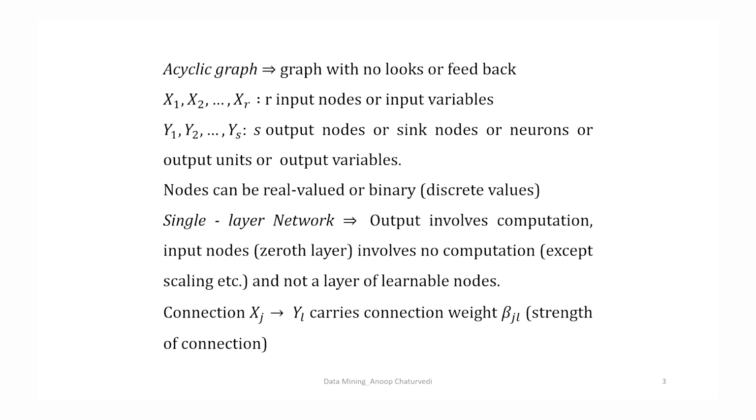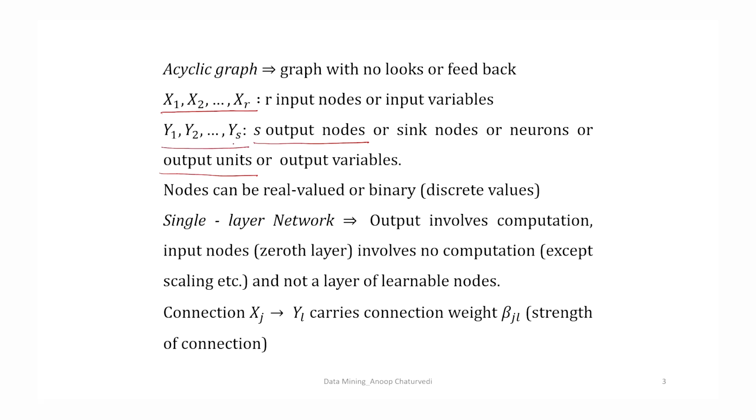Now, suppose you have R input nodes or R input variables, which are x1, x2, ..., xr, and then you have S output nodes or S sink nodes or neurons or S output units or S output variables, and these output variables or output nodes are y1, y2, ..., ys.